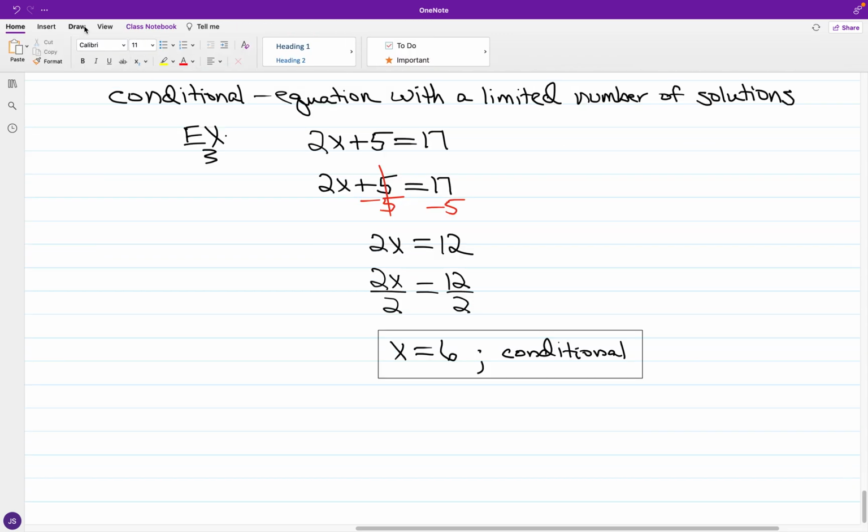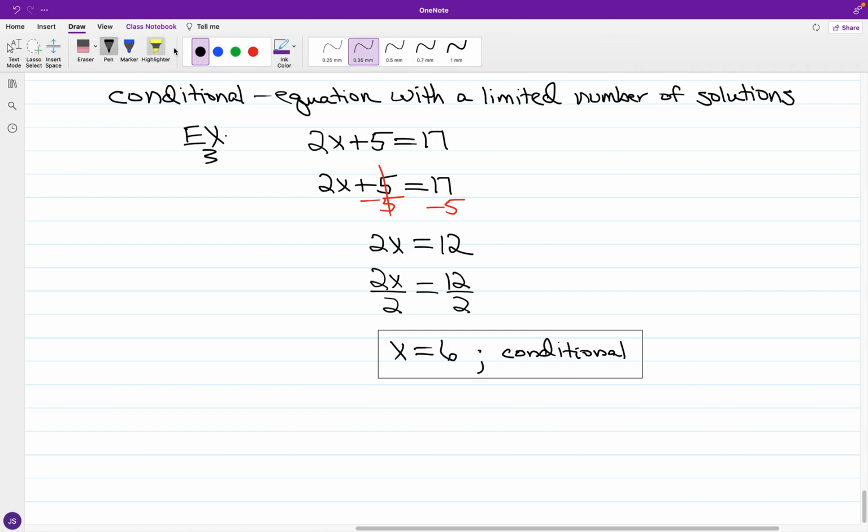Now, in the case of a contradiction, that's going to be an equation with no logical solution.